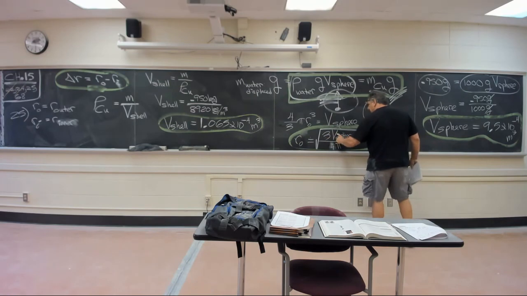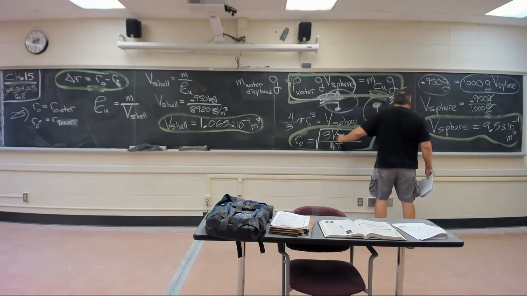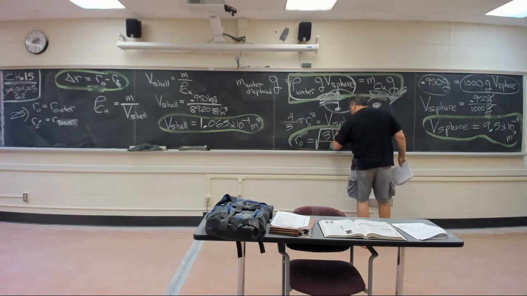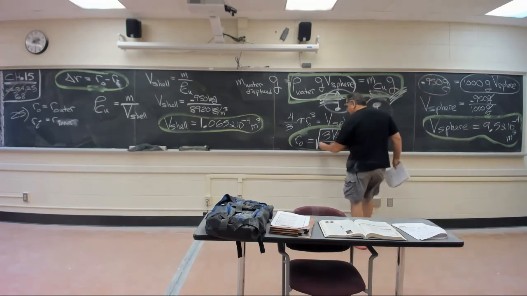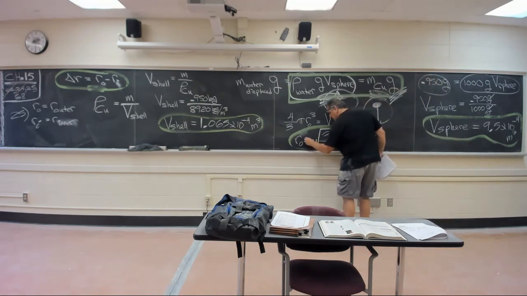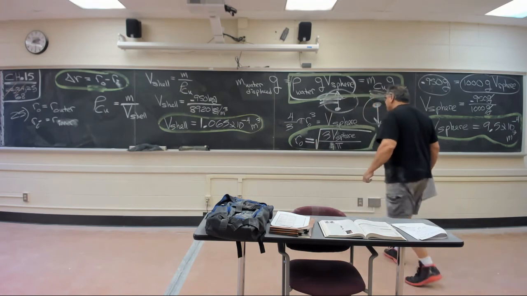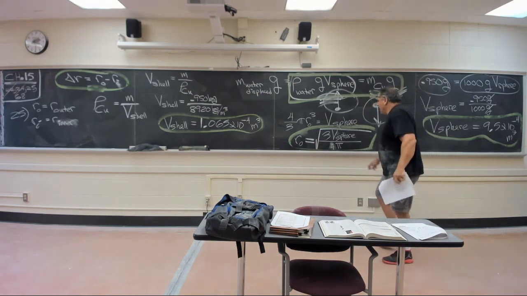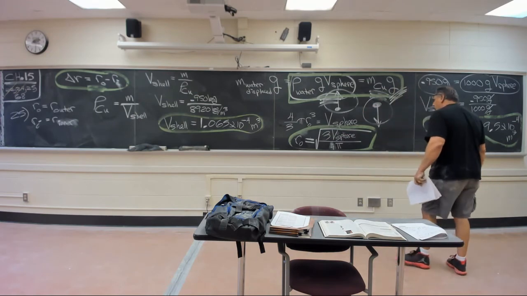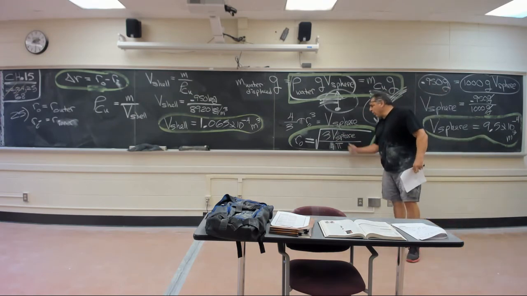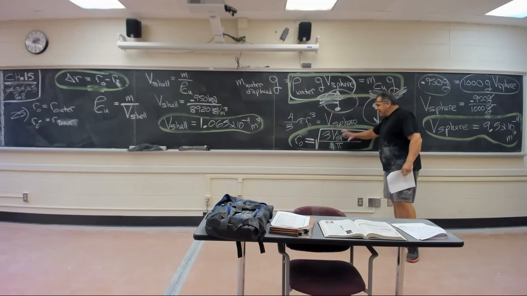Go 3 times 9.5 times 10 to the negative 4, divided by the product 4 pi, get an answer.